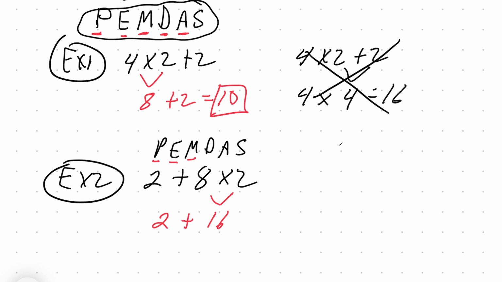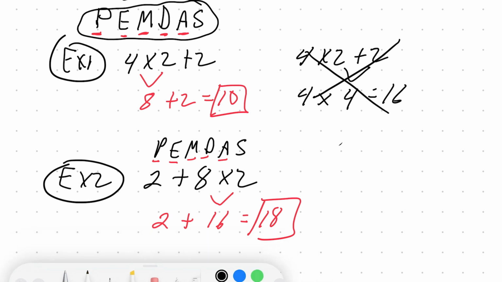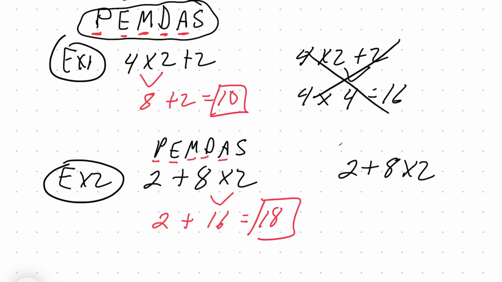And then no division, so then we add. 16 plus 2 is 18. And that's your answer. If you had done it the other way by not following the rules, and you had decided to add first, you would get 10 times 2 is 20. And this is the wrong answer. So always follow the order of operations.